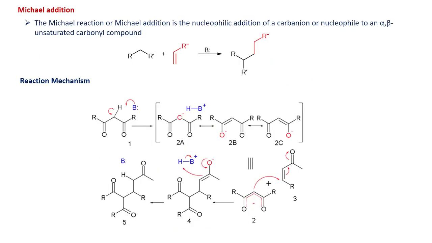So what is the Michael addition reaction? Previously I showed you that you need an alpha beta unsaturated carbonyl compound in the Michael reaction.